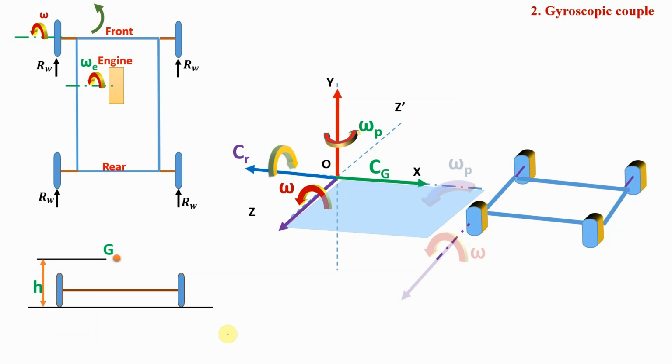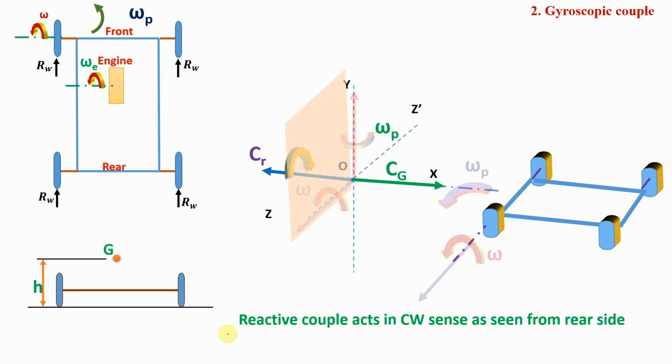Now the plane in which CR acts is the plane perpendicular to its vector. The plane perpendicular to vector OX dash is plane YOZ. So CR acts in plane YOZ.